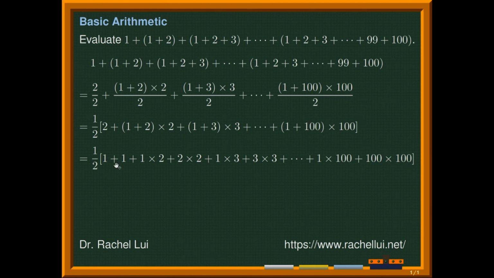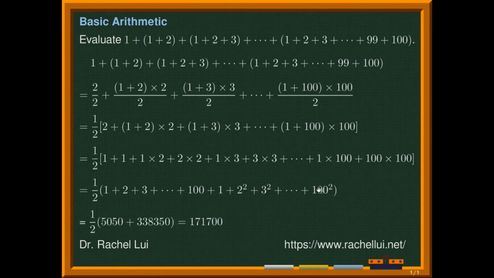If I group the odd terms and the even terms together, then I will have 1 plus 2 plus 3 until 100. And I also have plus 1 plus 2 times 2, which is 2 squared, plus 3 times 3, which is 3 squared, until 100 times 100, which is 100 squared.